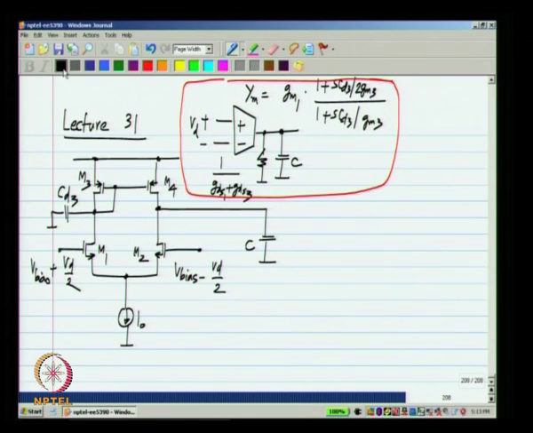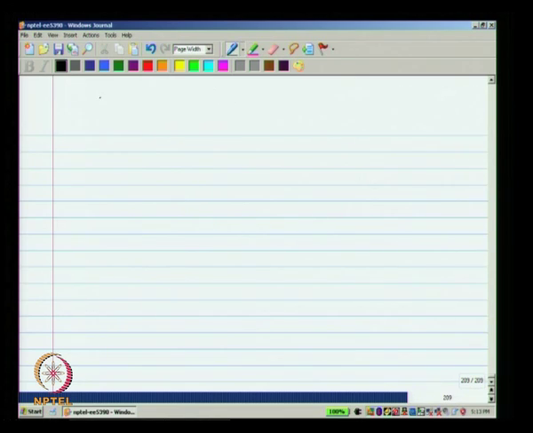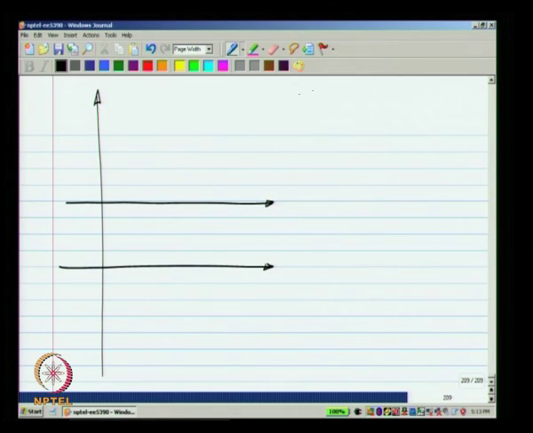So, it has a parasitic pole and 0 in addition to the pole at the origin or close to the origin due to the integrating capacitor. So, when we have such a frequency response, what will the magnitude and phase look like?